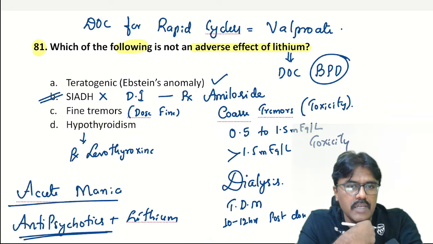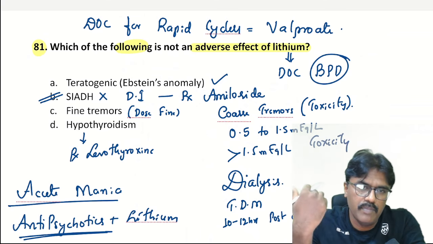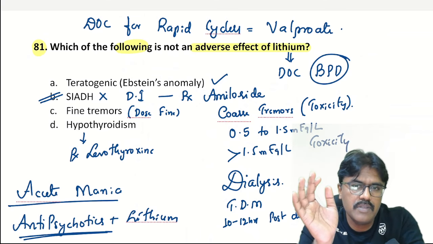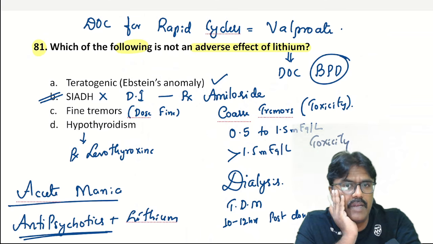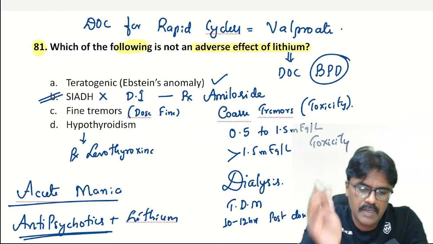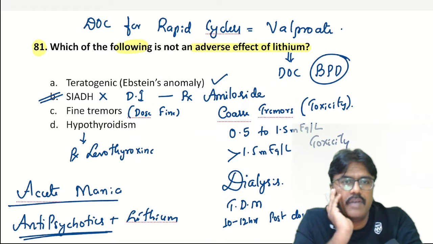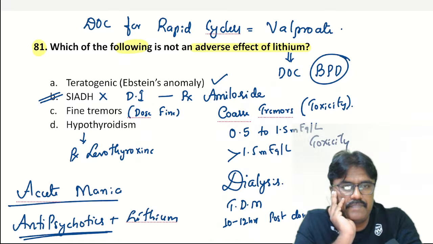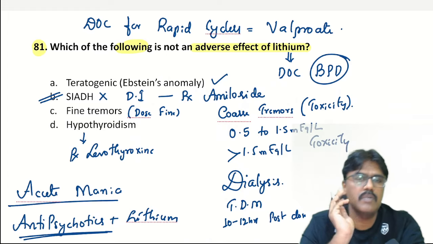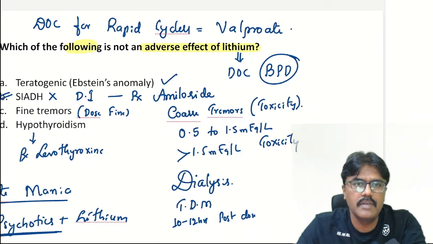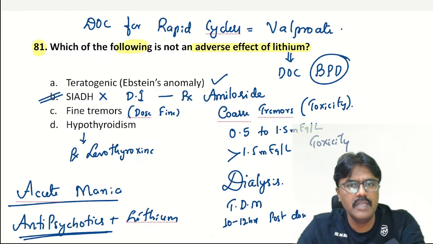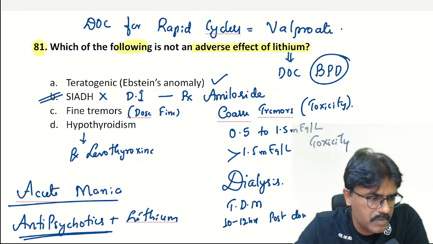So give antipsychotics which act immediately and bring down the mania. If antipsychotics are not there, lithium is not there, then you can give valproate in acute mania conditions. Okay, this is about the different drugs. Particularly lithium is being tested a lot.